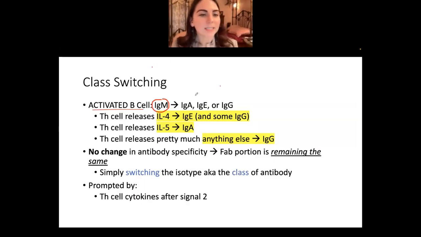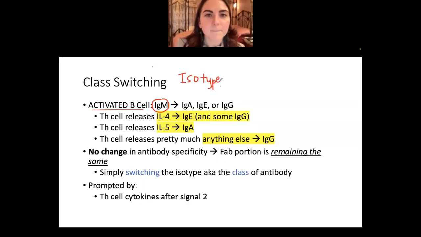We're switching from one class to the other. Another name for class switching is isotype switching. Remember, isotype, not idiotype, because isotype and class mean the same thing. A really important concept of class switching is we're literally only changing the Fc portion. We are not changing the specificity of that antibody.